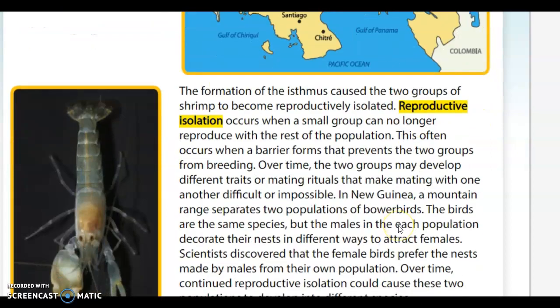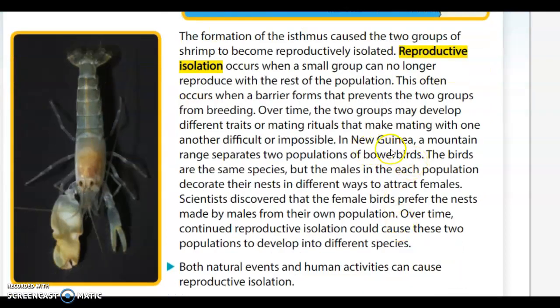We will see different examples. In New Guinea, a mountain range separates two populations of bowerbirds. Bowerbird separation is also there, and they have their peculiarities in decorating their nests. We have already seen that this is done by the male birds to attract the female birds in order to mate.